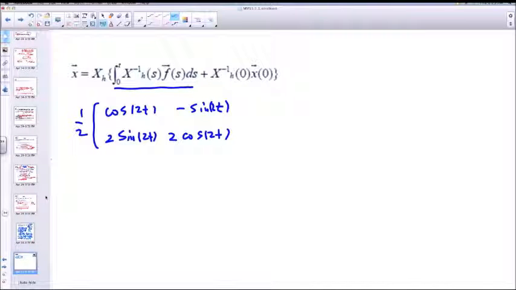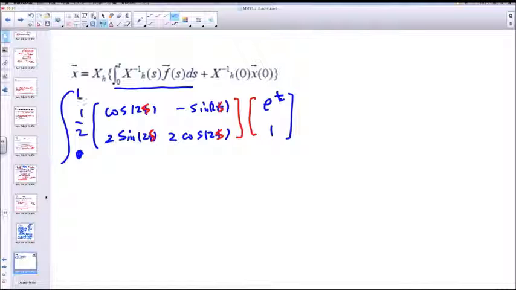But I need to use s because I use t here, times e^s and 0, that's the forcing term, and then take the integral from 0 to t, ds. That's not too bad. It's just take the 1/2 out. From 0 to t, you have 2 integrals instead of 1. That's all you need to remember.